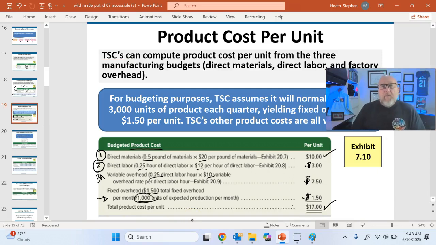The important thing to remember is that when we set our budget, when we create our fixed overhead allocation rate, we do that at the very beginning of the period, and we have to do our best at estimating how many units we're going to produce. So we're thinking that the production per month is going to be an average of about 1,000.